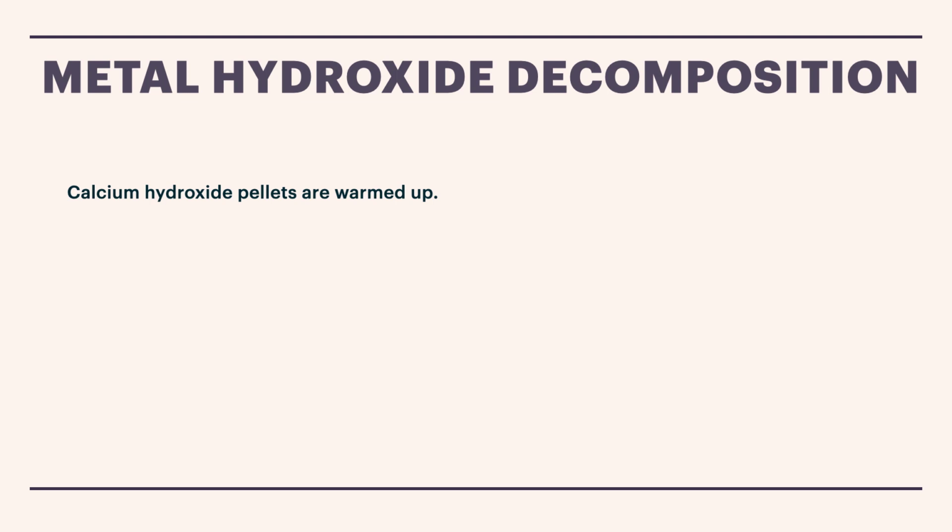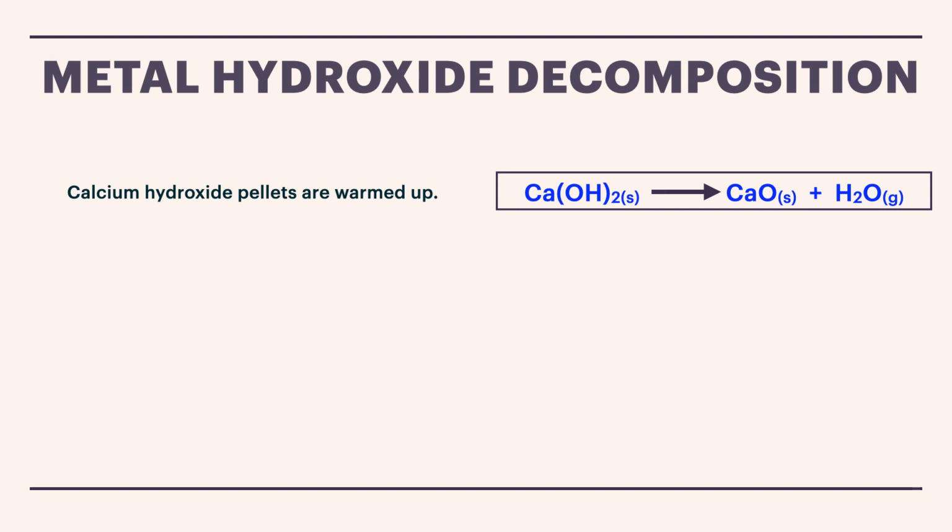So Ca(OH)2 is my only reactant. I should get a metal oxide, so calcium with oxygen. Calcium is 2 plus, oxygen is 2 minus, so there's the correct formula, CaO, and then my other product is going to be water. Again, the skeleton and the balanced equation are one and the same.